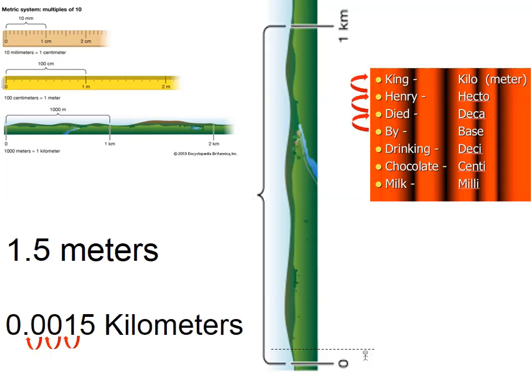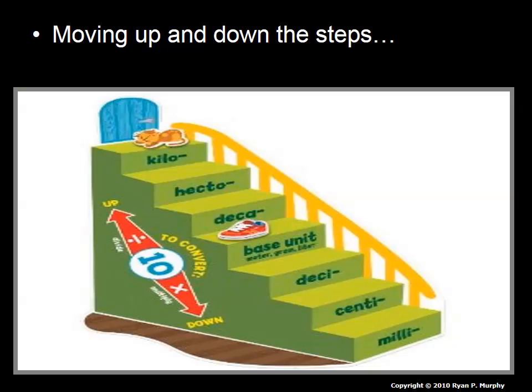So we're going to go 1, 2, 3 spaces to the left, and so we get 0.0015 kilometers. And to think of that in a very simple way, that means you are way less than 1 kilometer tall, right? And that kind of makes sense.